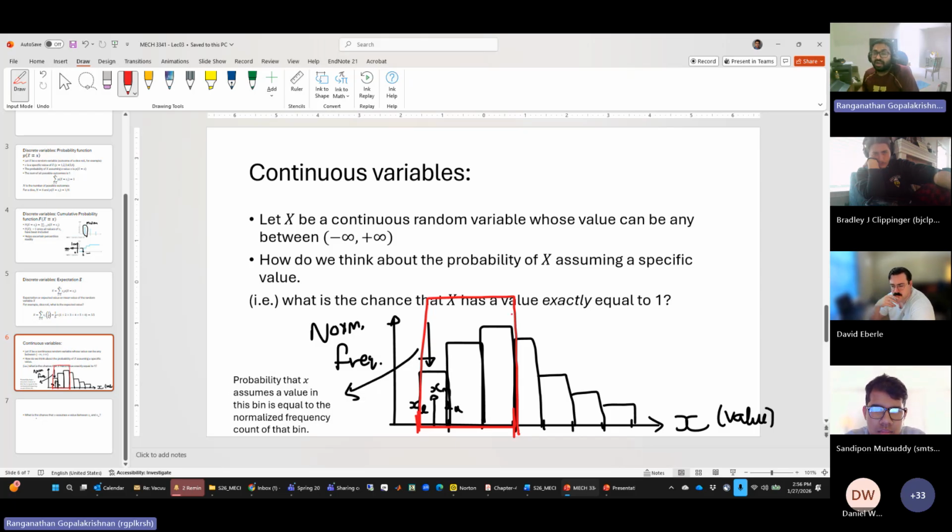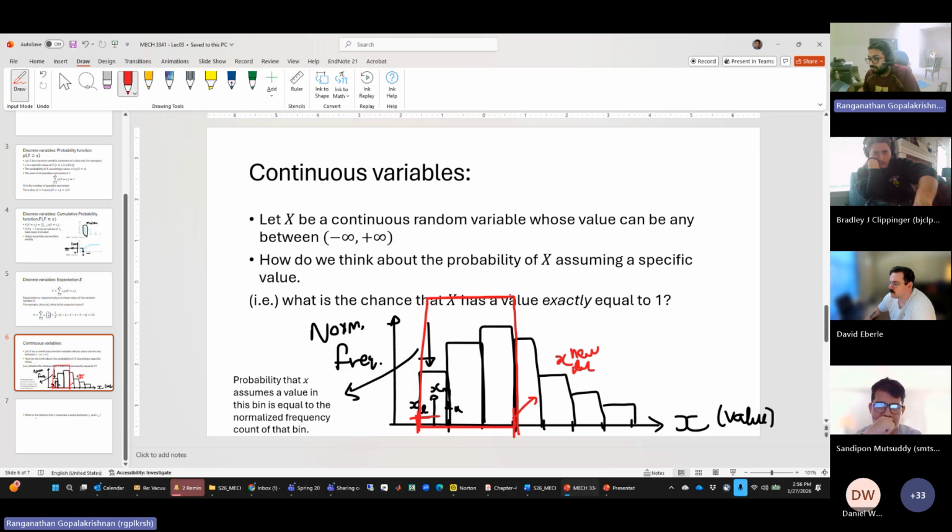What is the chance that X can fall between XL and the new X upper? I'll call this new XL. What is the chance of X falling between XL and the new X upper? What is the chance of that? It would still be this frequency in normalized terms.